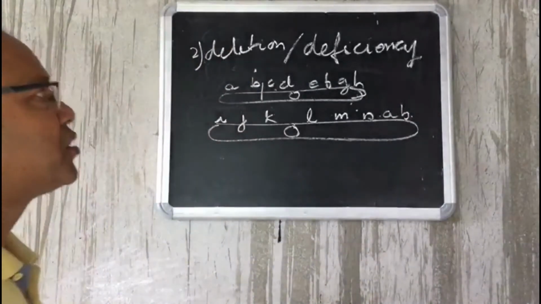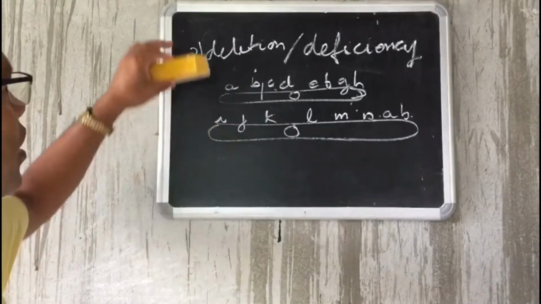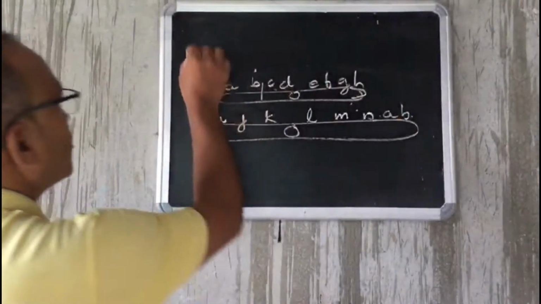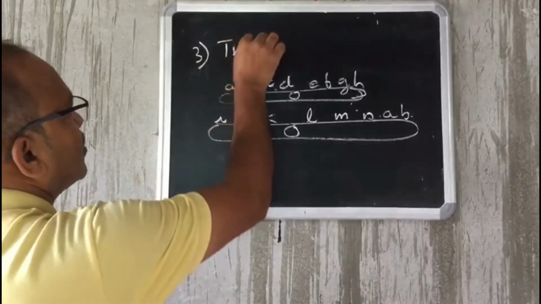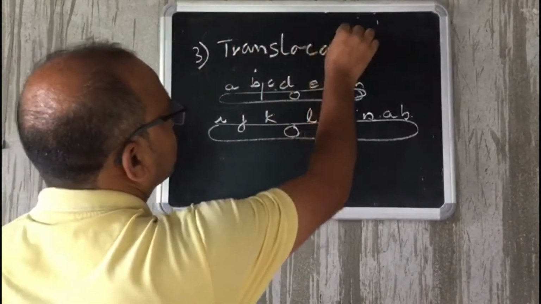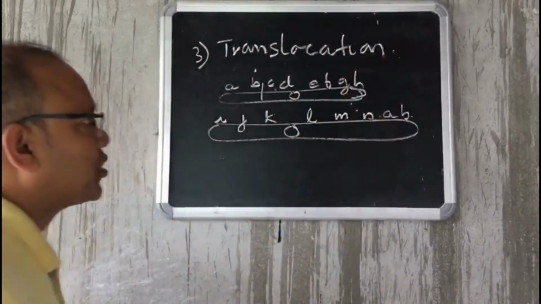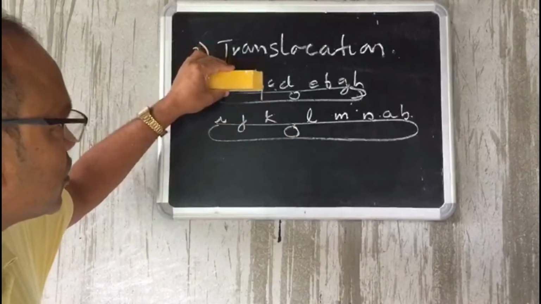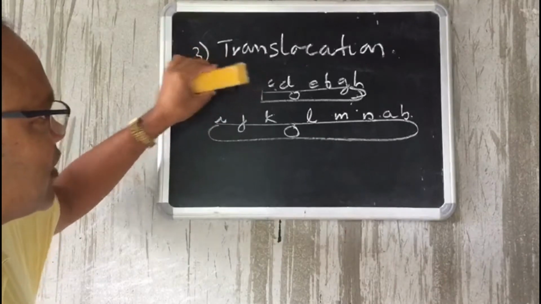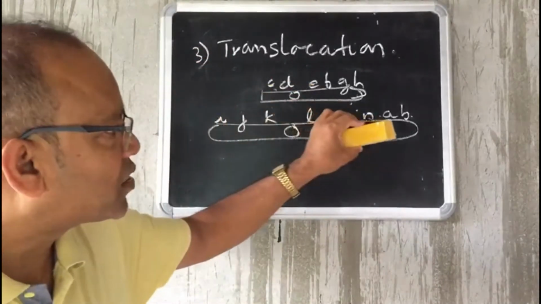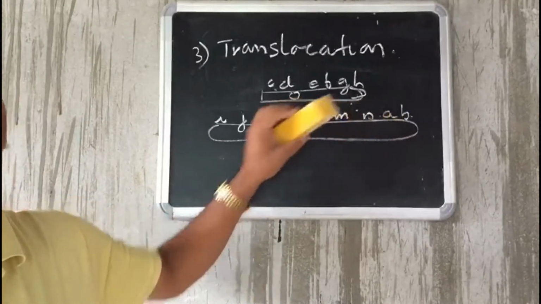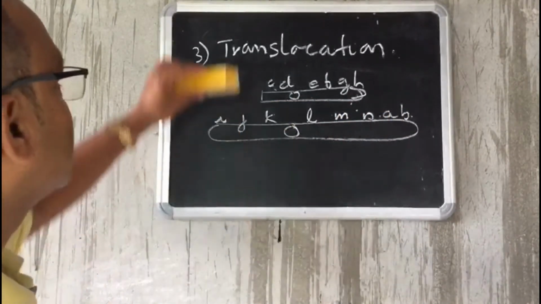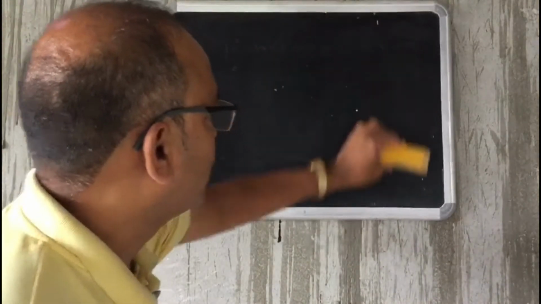This is called the third type, translocation. That means this part is removed from the chromosome, and it goes and sticks with the non-homologous chromosome. This is called translocation.